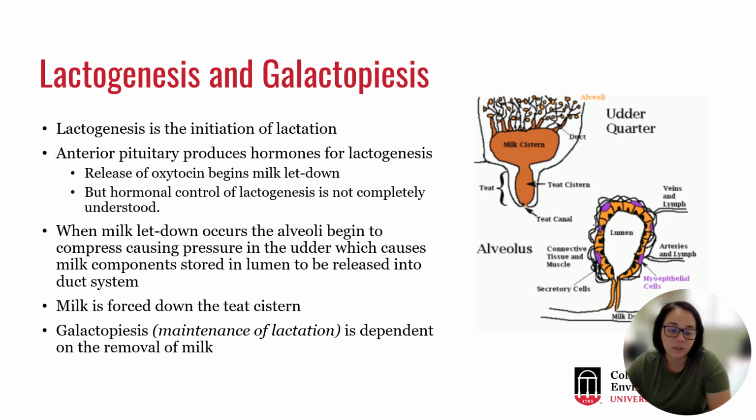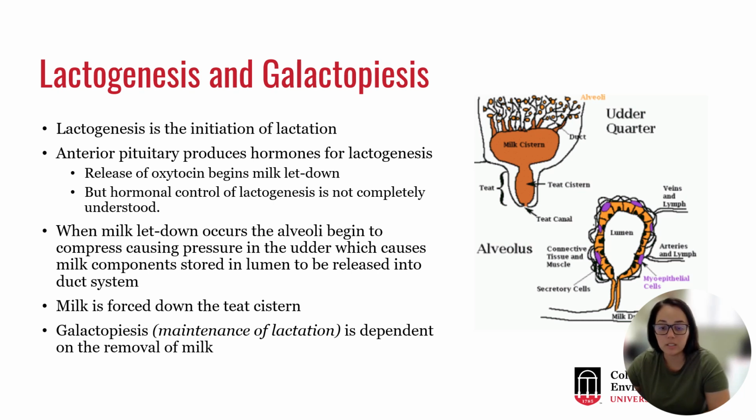And then oxytocin is a very important hormone that begins the milk letdown process. When that milk letdown occurs, the alveoli begin to compress, causing pressure within the udder, which then causes those milk components that were stored in the lumen to be released into the milk ducts.